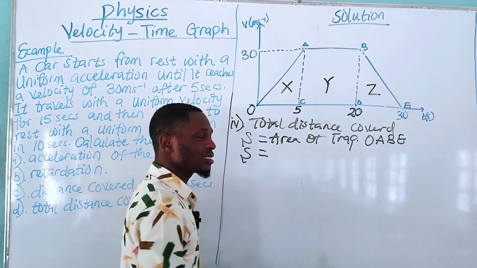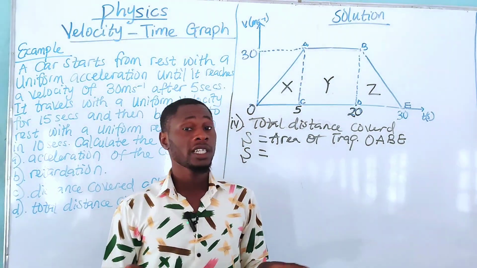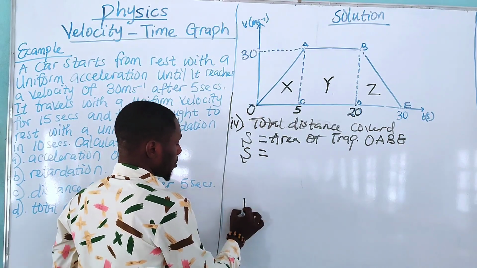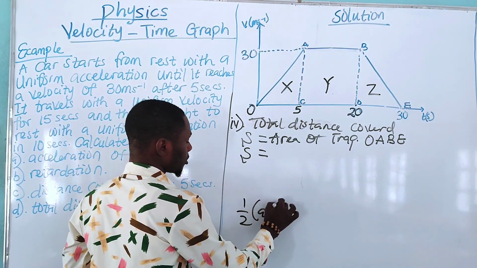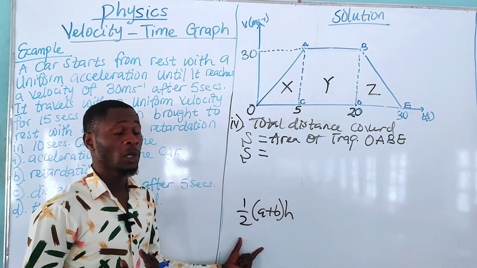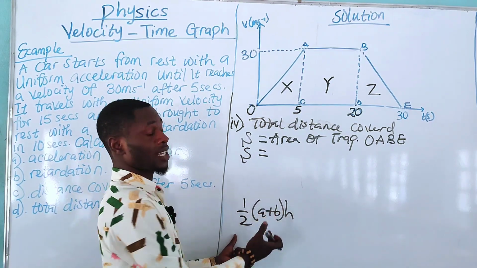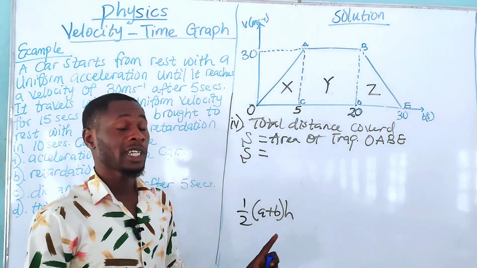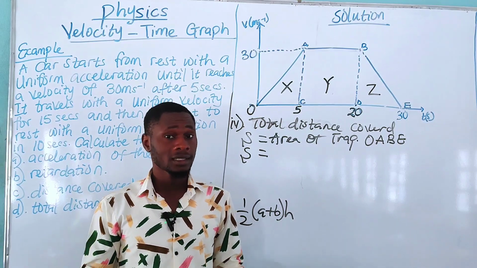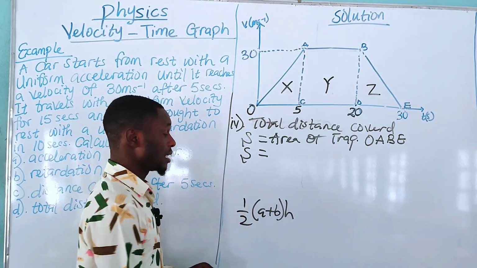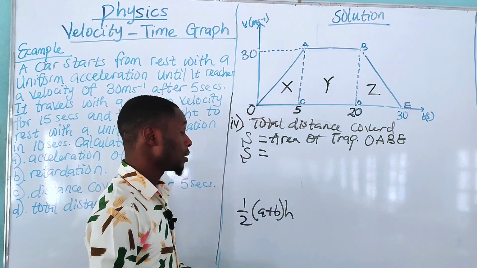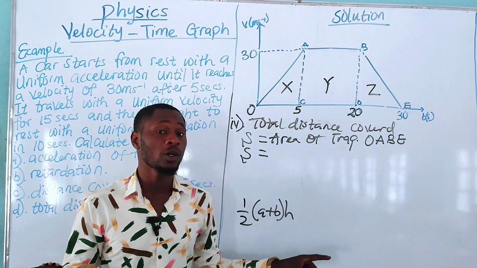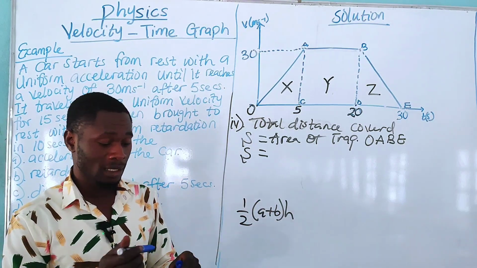So what is the formula for calculating the area of a trapezium? The formula is half into A plus B multiplied by height, where A and B are the parallel sides of the trapezium. Remember, a trapezium always has two parallel sides. So you need to identify the parallel sides and then multiply by the height of the trapezium.